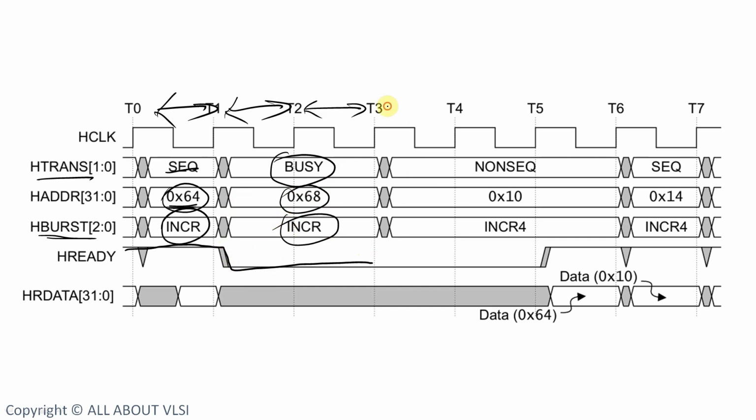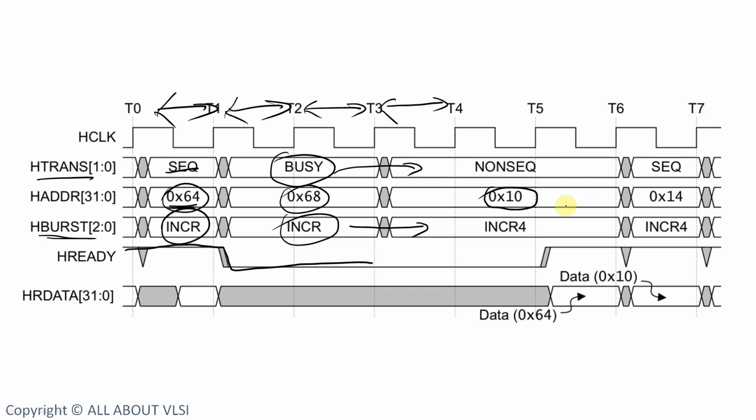Now in the T3 to T4 clock cycle, if you see carefully, the transfer type is getting changed from busy to non-sequential, because the master is allowed to change the transfer type from busy to any other transfer type whenever your HREADY is equal to 0 and your HBURST is INCR. The master is also allowed to change the burst. It is changing the burst from INCR to INCR4. It is allowed to change the burst from INCR to INCR4. And you can see there is a completely new address and it is a new transfer.